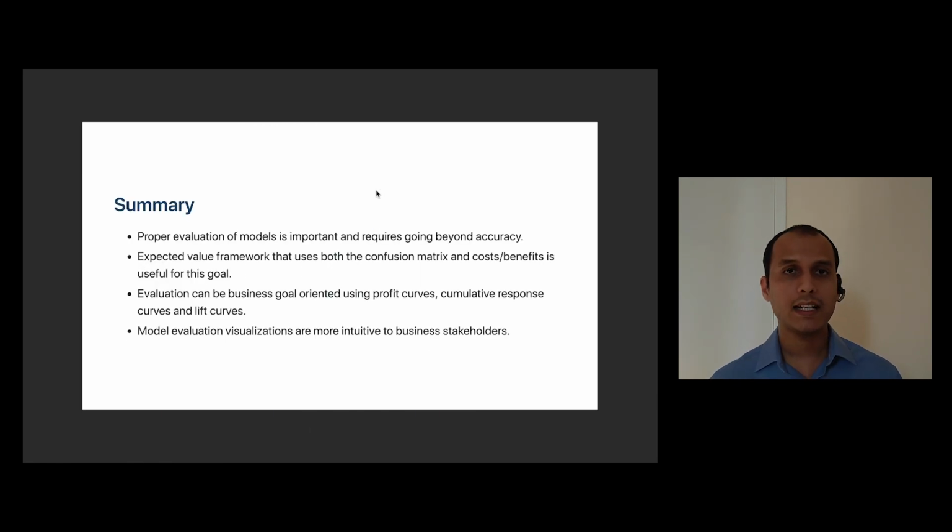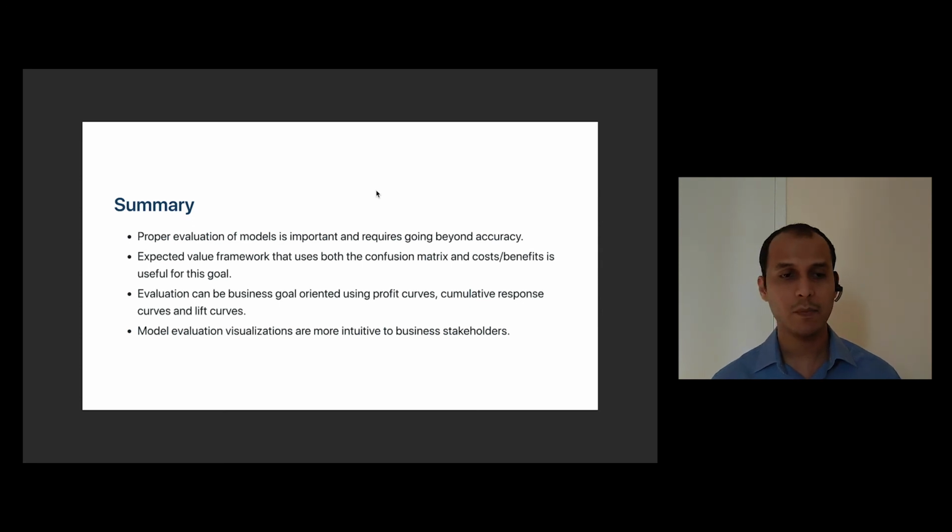So with that, let me summarize what I was trying to convey in this module. Properly evaluating your classification or prediction models is important and requires going beyond a single number, such as accuracy or loss value on the test set. The expected value framework uses both the confusion matrix in the classification context as well as cost-benefit information to give us a sense of how much profit, or how much bang per buck, there is for a given classifier.